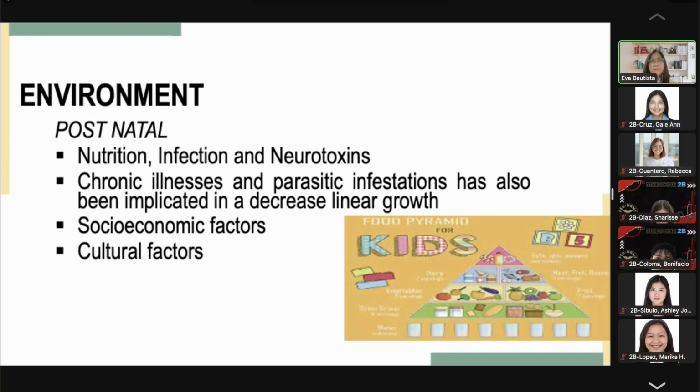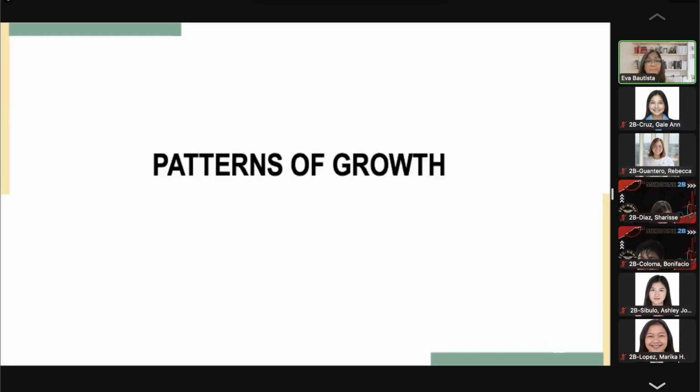Infants with chronic illnesses also have growth effects. Parasitic infections cause anemia and poor weight gain, and there are other socioeconomic and cultural factors. Culture, when it comes to food preferences, a particular lifestyle, or child rearing, may have an effect on the growth.